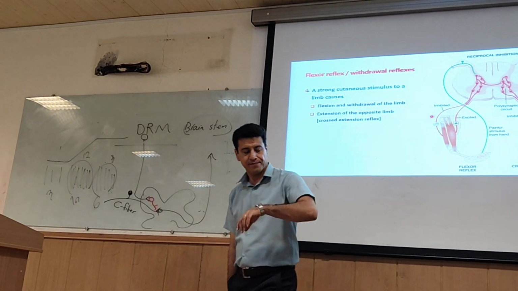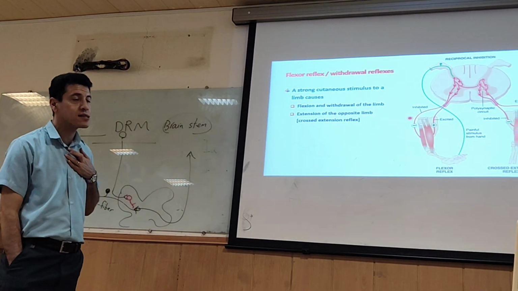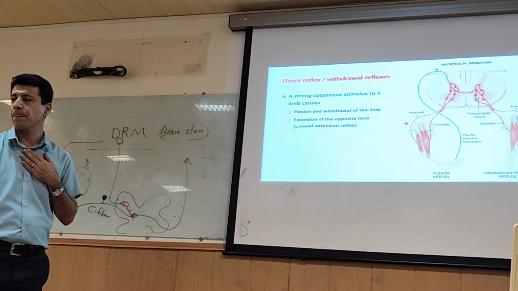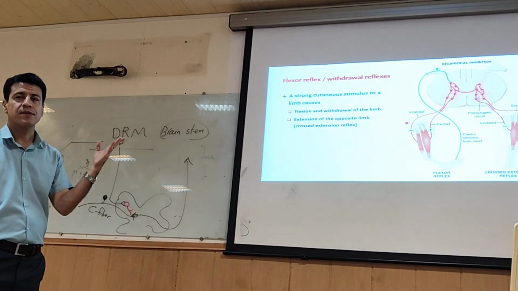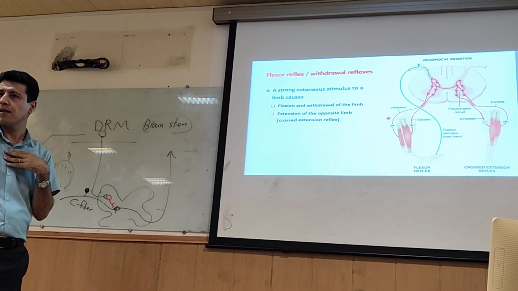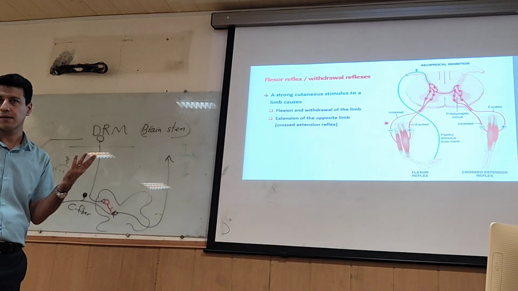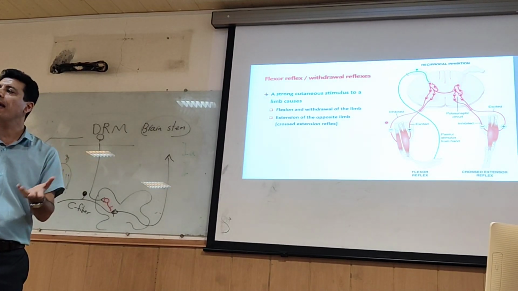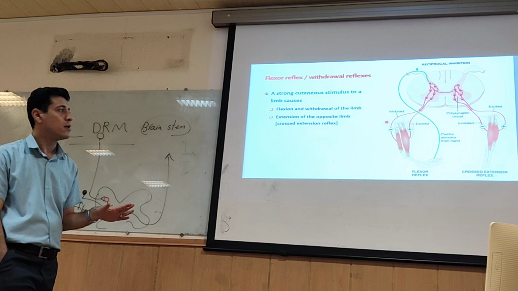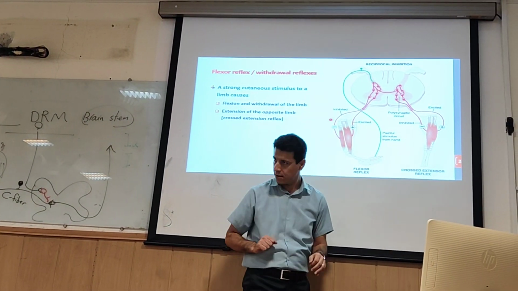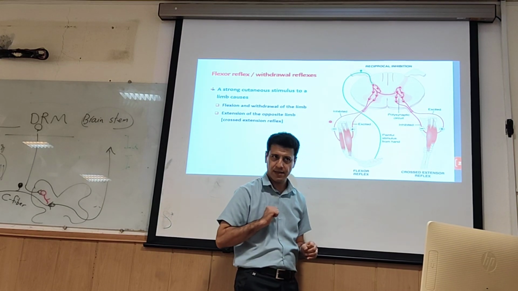So the last reflex is the flexor reflex. Here, the receptor is not in the muscle. It's located in the skin. It responds mainly to pain. So when you touch something hot, you withdraw your hand, right?